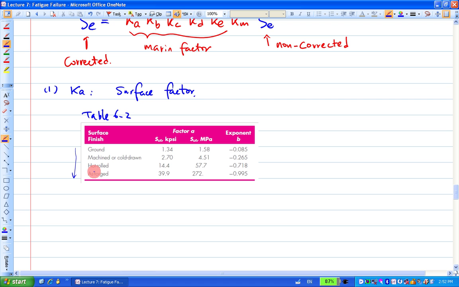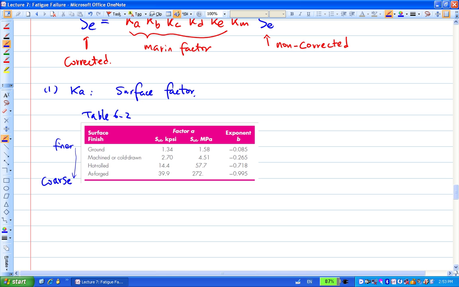It must be as-forged, right? You didn't do anything, just use whatever is hammered out as it is. So this is a finer surface, and this is a more coarse surface. That's the transition. Your lab specimen has a very nice surface finish.